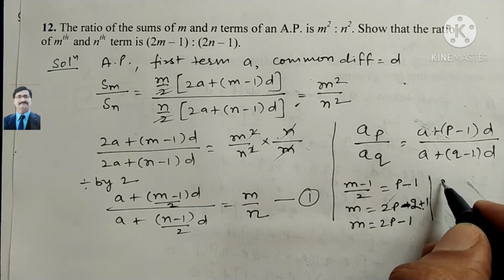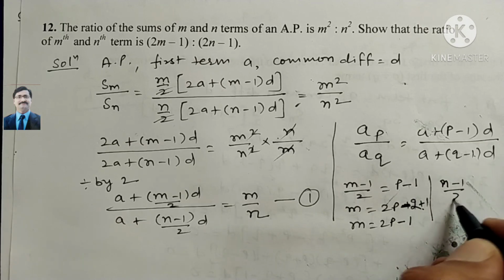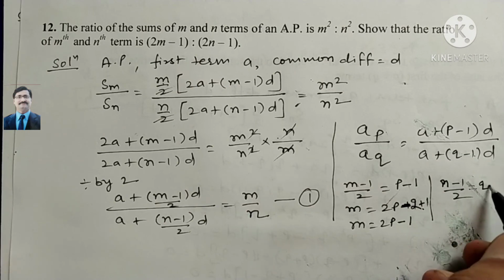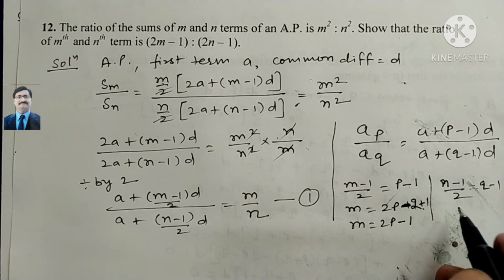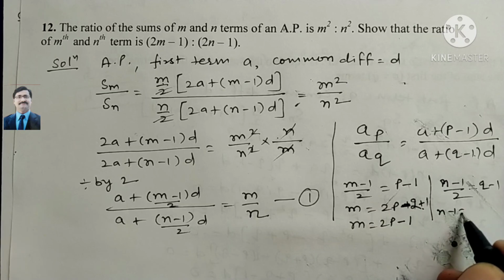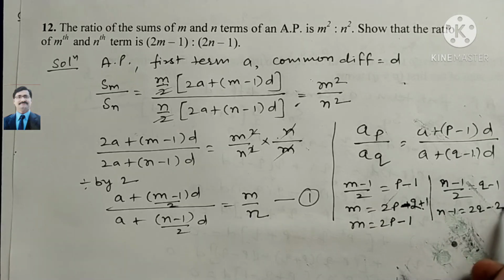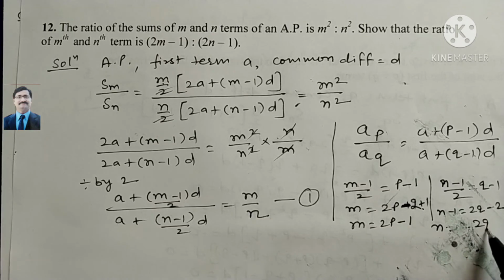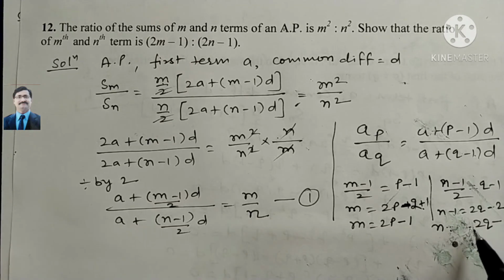And here we suppose n minus 1 upon 2 equal to q minus 1, so we transfer these, we get n minus 1 equal to 2q minus 2, and 1 we transfer, we get n equal to 2q minus 1.